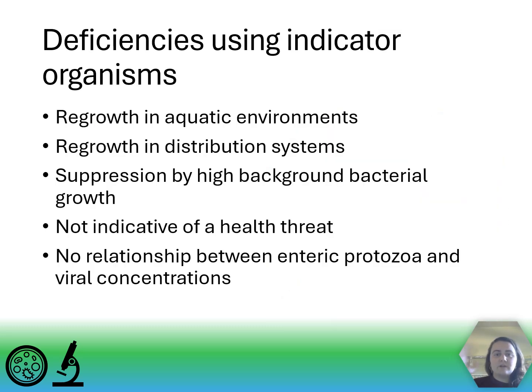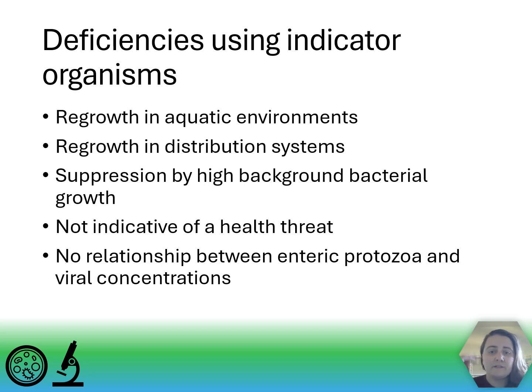So when we talk about indicator organisms, we don't want to make it sound like they're 100% positive or 100% negative. So there's some drawbacks to using them that we have to be very aware of. So we want to be careful because we can have regrowth of organisms in aquatic systems or in our drinking water distribution systems. And so if they're regrowing, that could be a false positive in the system.